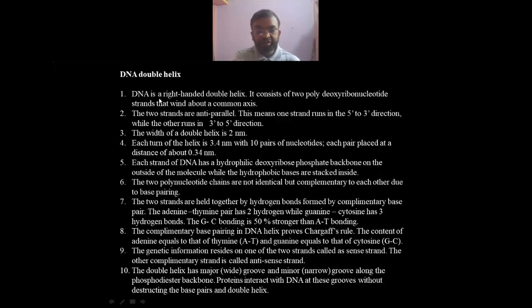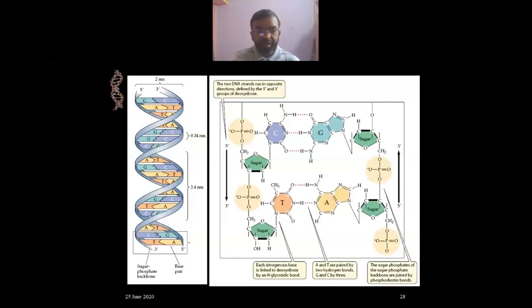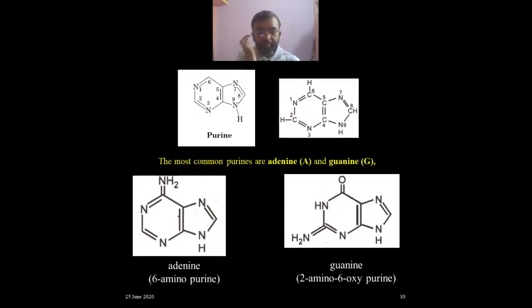Now in the coming lecture we are going to discuss the structural components at the biochemical level. I give you the hint that this is the typical structure of purine. Here the numbering is also there. Once you have prepared the structure of a purine, it is easy to prepare the structures of adenine and guanine, because you just have to attach several groups.